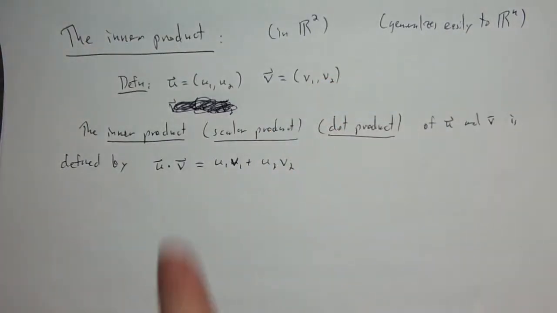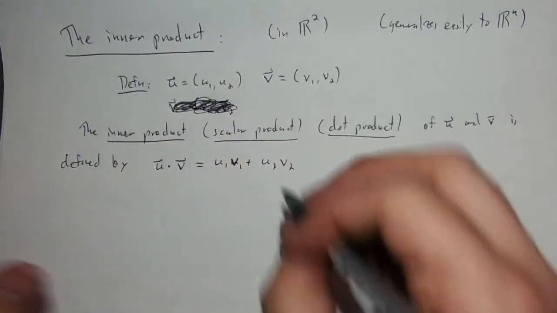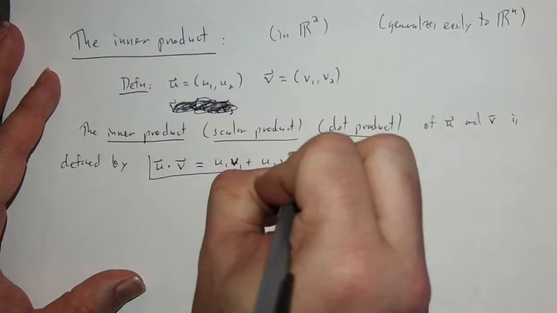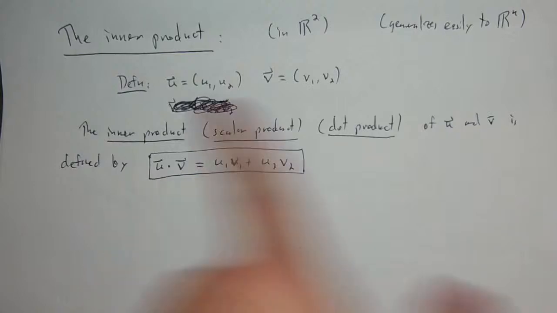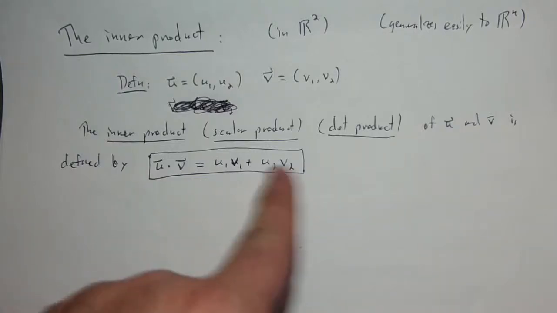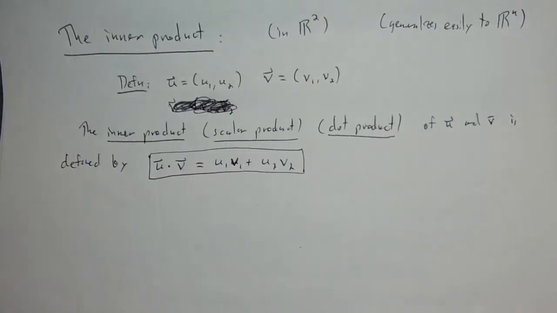So I multiply the entries of these vectors component-wise and then sum. Okay, so that's the dot product of two vectors. It is a straightforward generalization to R3, right? You do the exact same thing where the vectors have three entries instead, so you get u1 v1 plus u2 v2 plus u3 v3, right?